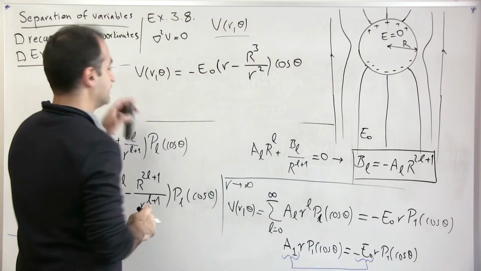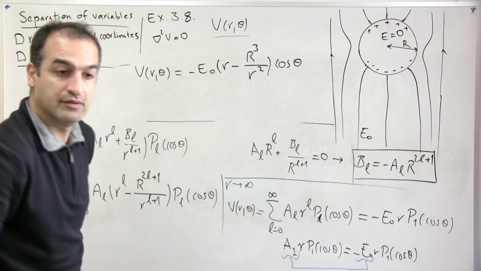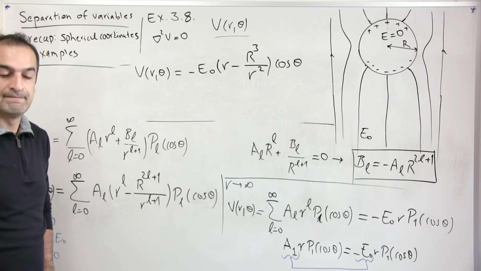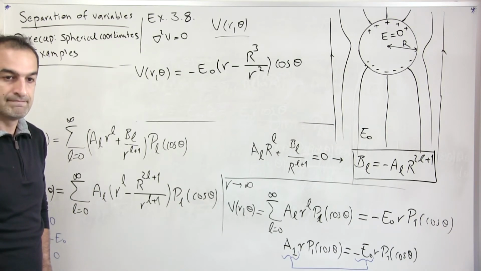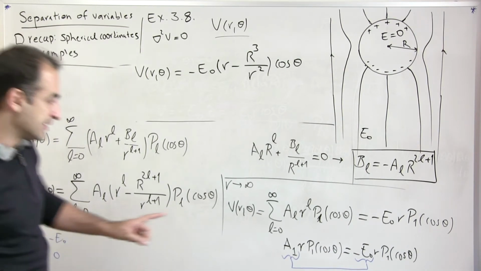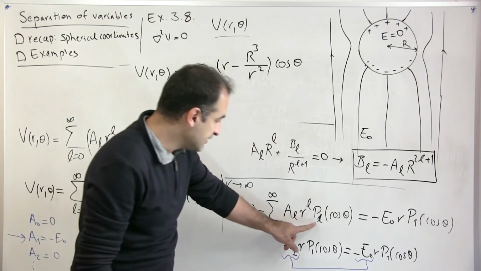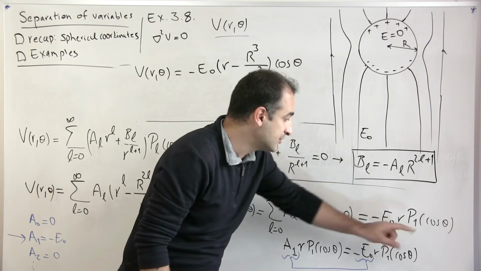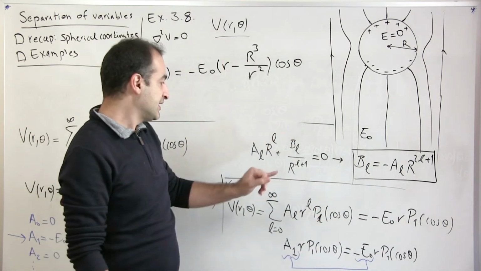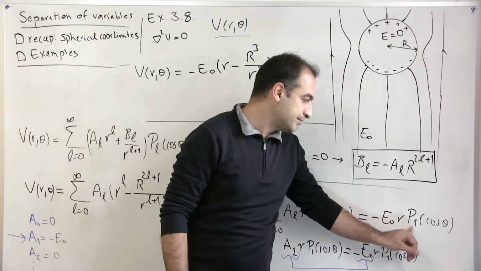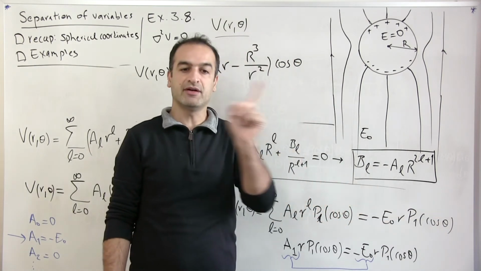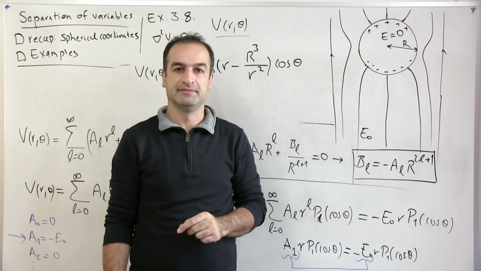Sorry, Professor, sorry for interrupting again. Why are you multiplying by P1 at the bottom right? The bottom right, I'm not multiplying by P1. Well, yes, on that one. Here we have cosine theta, right? So I just switch cosine theta with P1 cosine theta. P1 cosine theta is cosine theta. Got it.